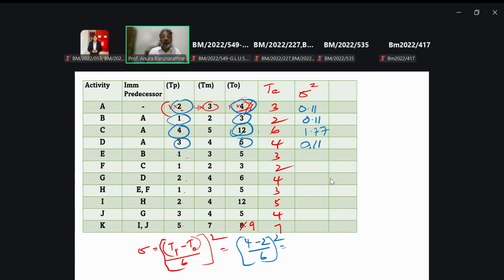5 minus 1, that is 4. 4 over 6. Take the square of it. That is 0.44.